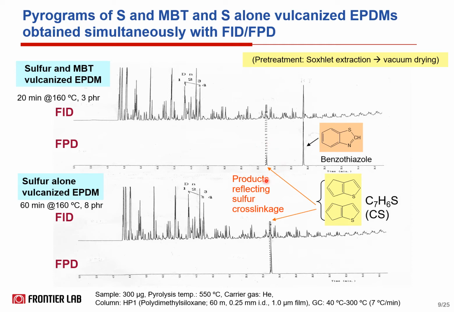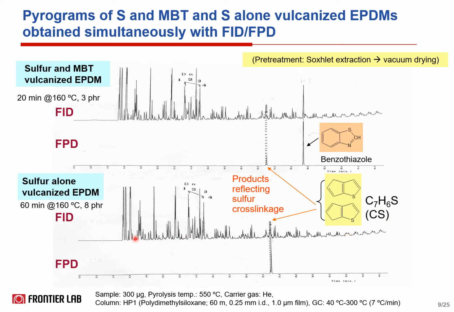Based on the mass spectrum, these compounds were found to be C7H6S, whose molecular weight was 122, as shown here.